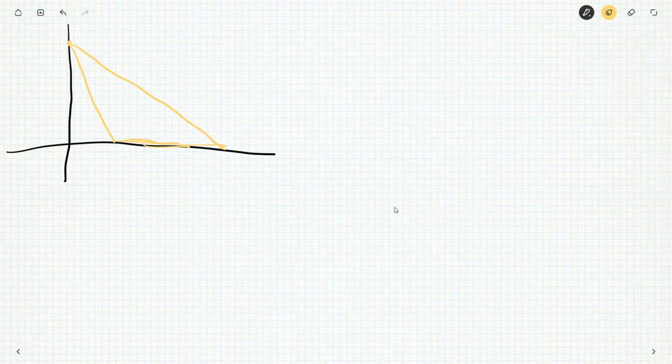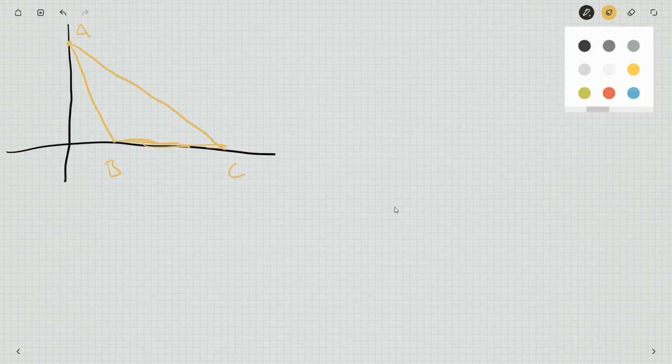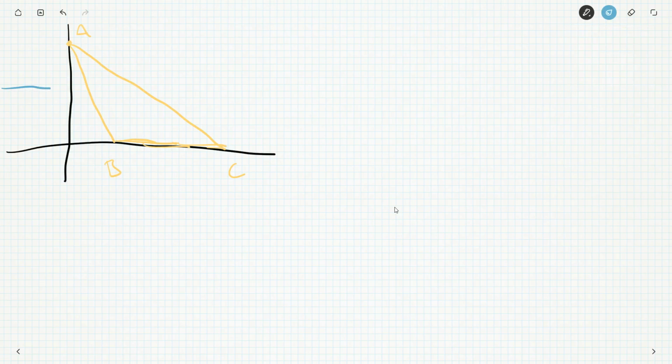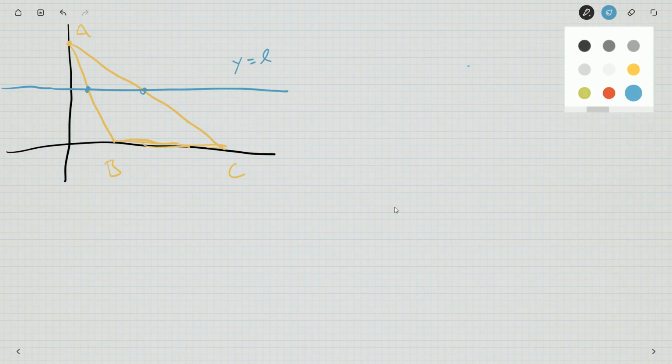Here we go. C, B, A, and we have a horizontal line coming in. We'll make it blue. So we'll call it y equals L. I was going to do K, but let's not confuse ourselves with the K from last part. Alright. So what are we to do?